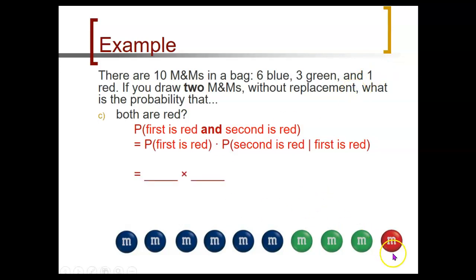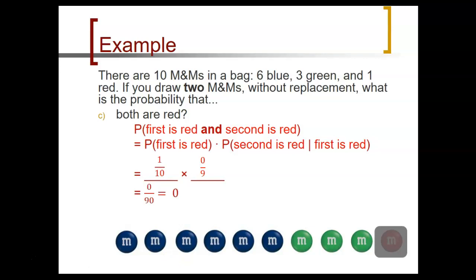What's the probability of the first one you pull out being red? 1 over 10. And then if that happened, in that case, what's the probability of the second one being red? Well, that would be 0 out of 9. And then 1 over 10 times 0 over 9 would be 0 over 90, which is just 0.